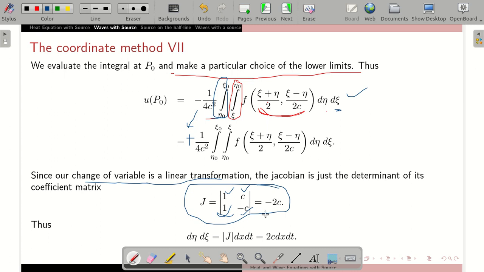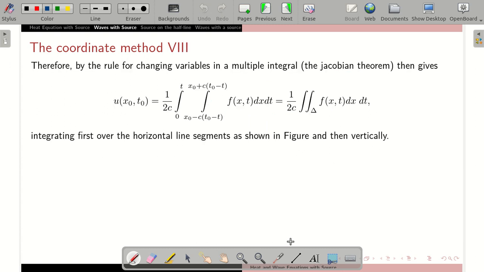Now this determinant is minus 2c, and by the Jacobian theorem, d eta d xi is the modulus of the Jacobian determinant times dx dt. This is just the transformation formula for integration, converting your integral from x, t to xi, eta. Then d eta d xi is given by 2c dx dt.